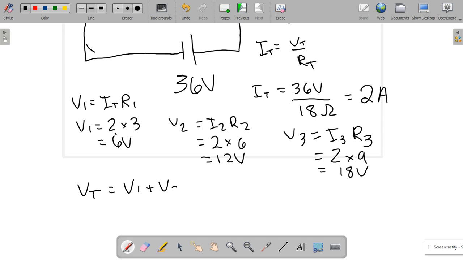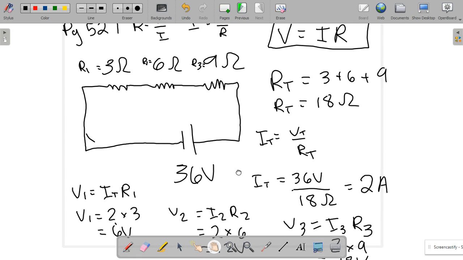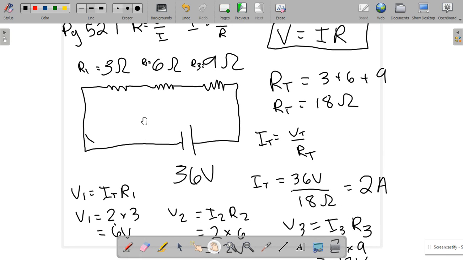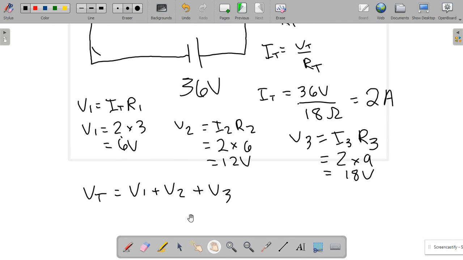So V1 plus V2 plus V3. So later on when we do problem solving, you might see a circuit. They might tell you the current, they might tell you the voltage drops across some of the resistors, but they won't tell you the total voltage or all of the values of the resistance. Okay, so you can use these facts to determine other things in the circuit.